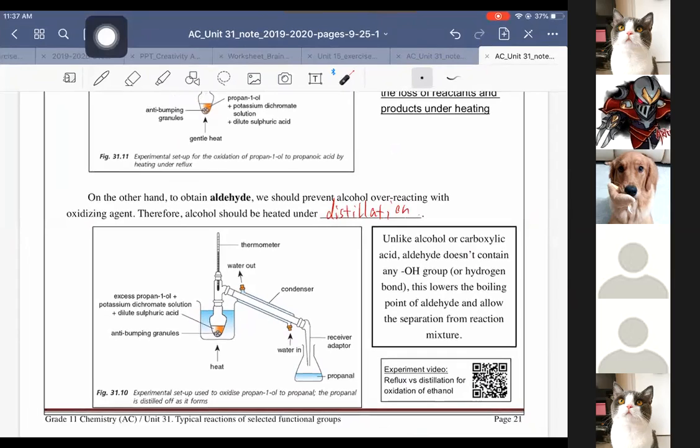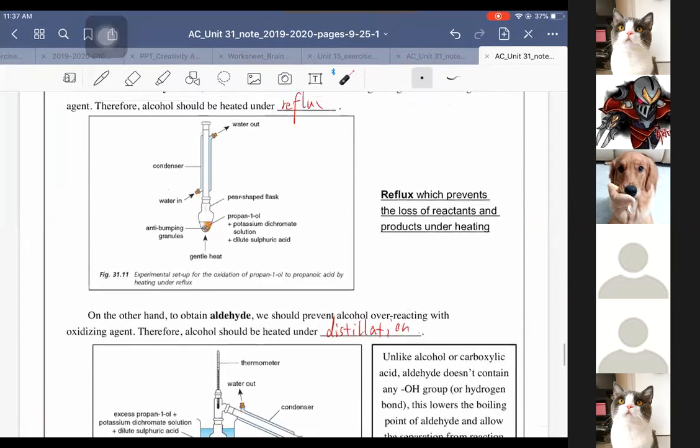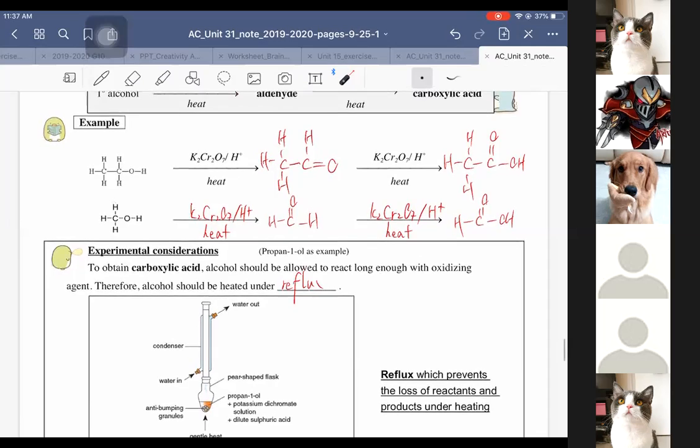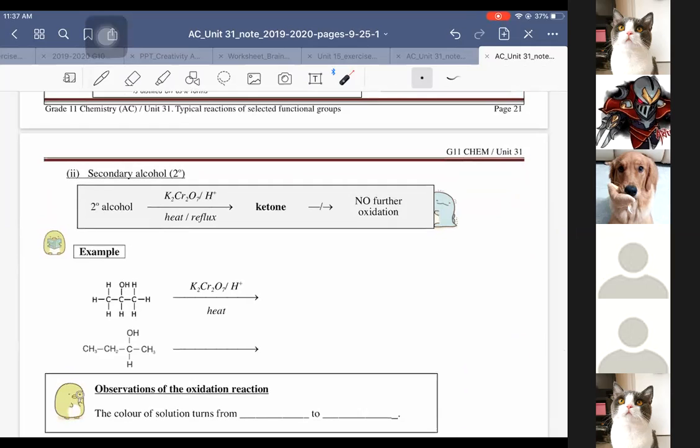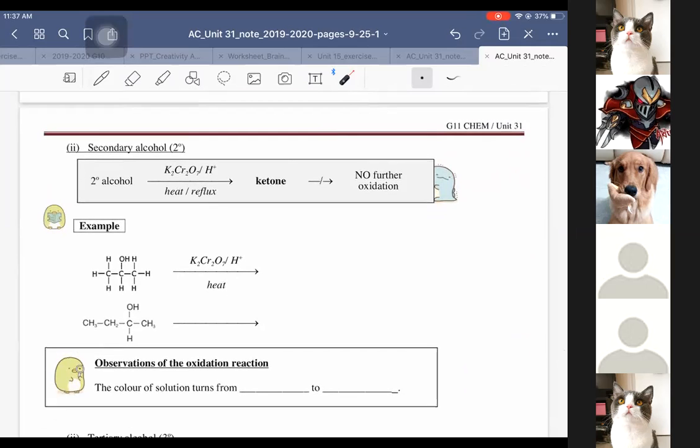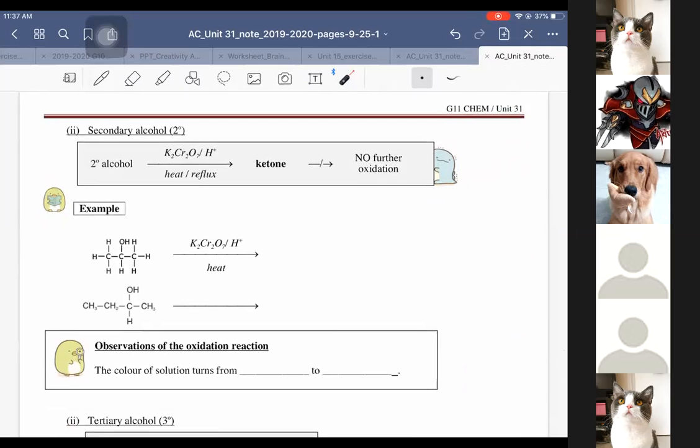Okay, so here we have discussed what's going to happen if we have primary alcohol. If we have secondary alcohol, then it will only oxidize to ketone. So if we have propanol here, then after oxidation, we are going to get this one.